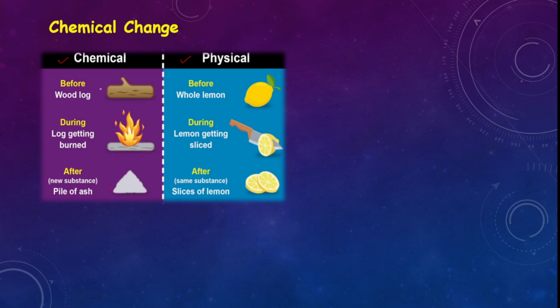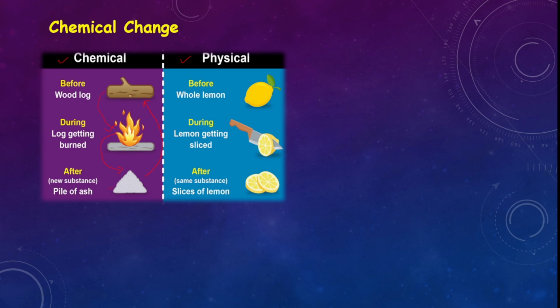Now in chemical change, what we have done here, we have taken a wood log, isn't it, and we burn it. After burning, we can see that the wood log is no longer there, only a pile of ashes, isn't it? Can we take it back to the wood? No, it is impossible.